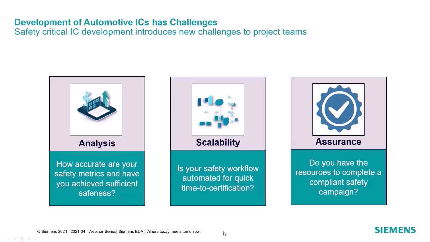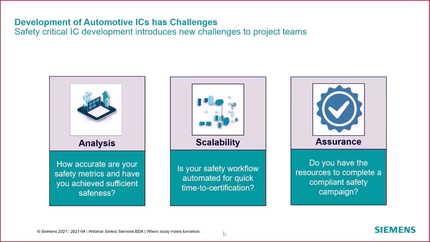So what do you want from your functional safety tool chain is really the question. What you want is accurate metrics so that you know you're reaching the optimal safety architecture for your target safety level. You need scalability, you need automation to accelerate the process of getting certified, and you need assurance you can complete a compliant safety campaign.